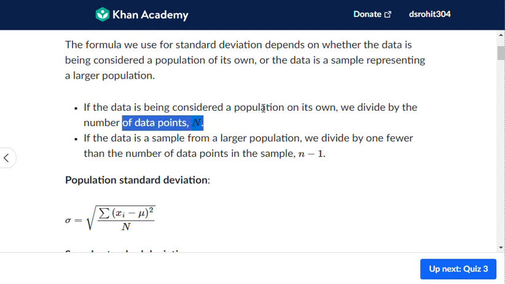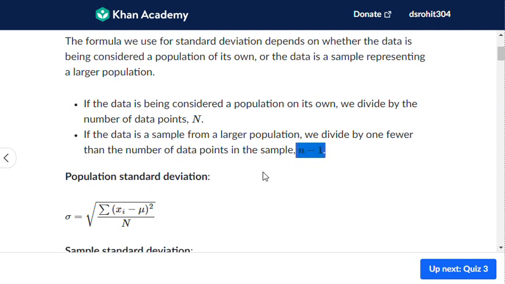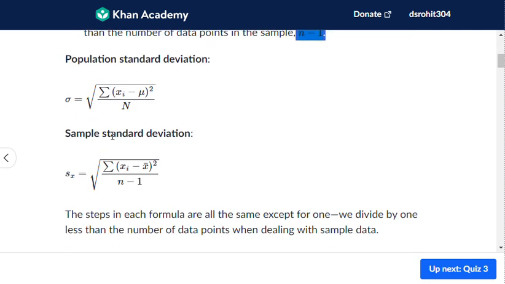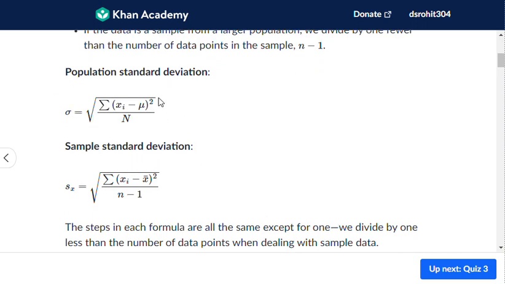If the data is a sample, then we divide by n minus 1.